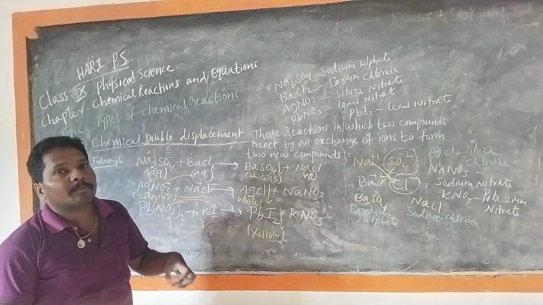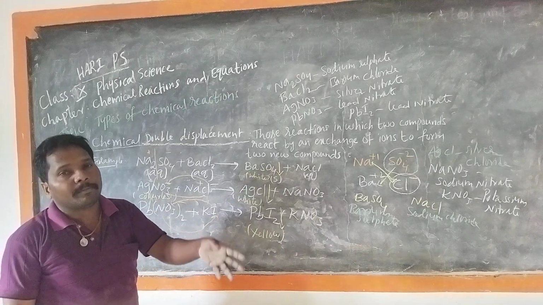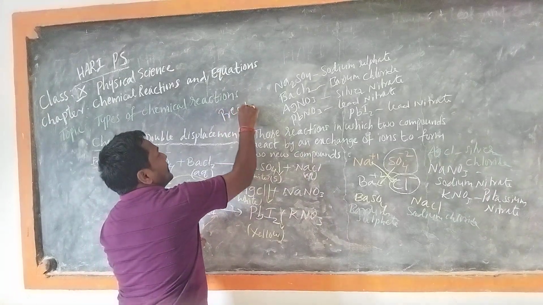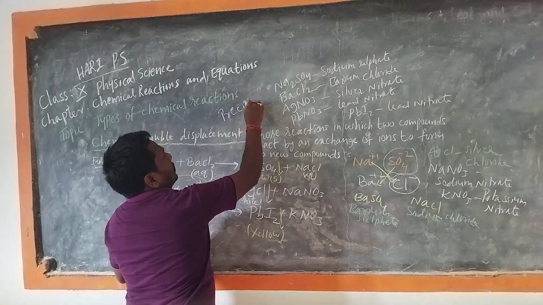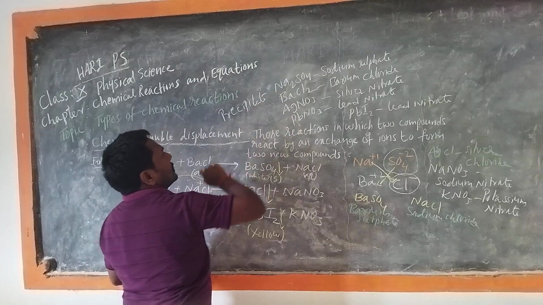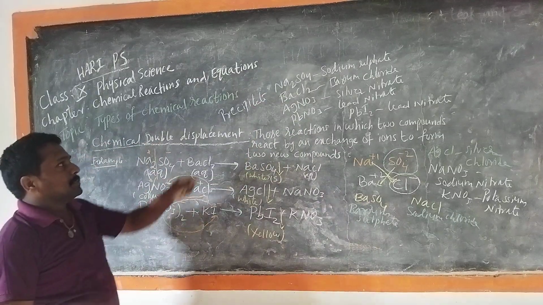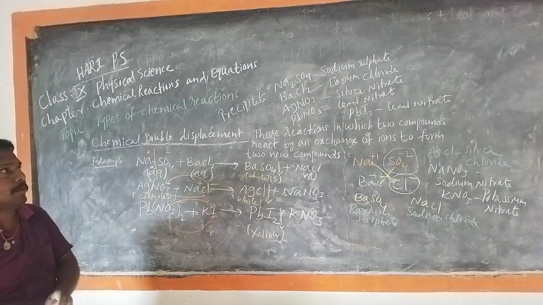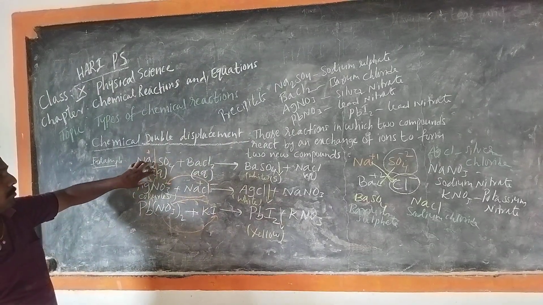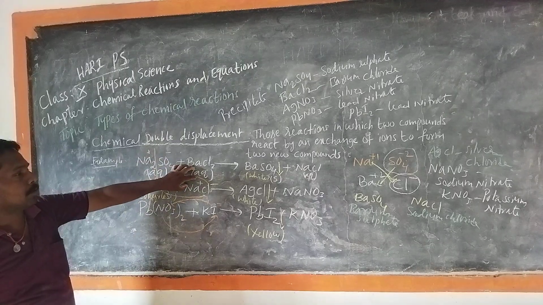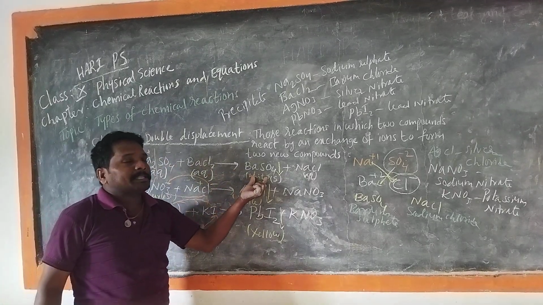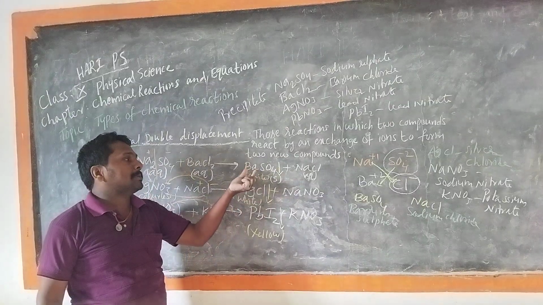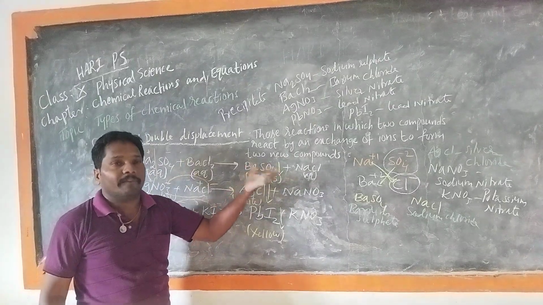That insoluble substance formed in a chemical reaction we call a precipitate. A precipitate is an insoluble substance. So when sodium sulfate reacts with barium chloride, a white precipitate is formed. That white precipitate is barium sulfate.